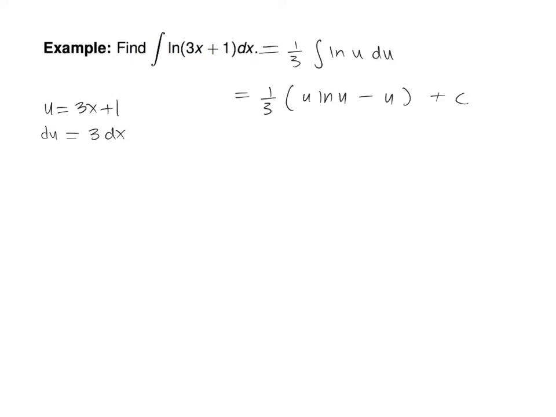And then your last step is to input what your u was. So 1/3 times (3x plus 1) natural log (3x plus 1) minus the quantity (3x plus 1), plus c. There's various things you can do to simplify it, but this is good enough.